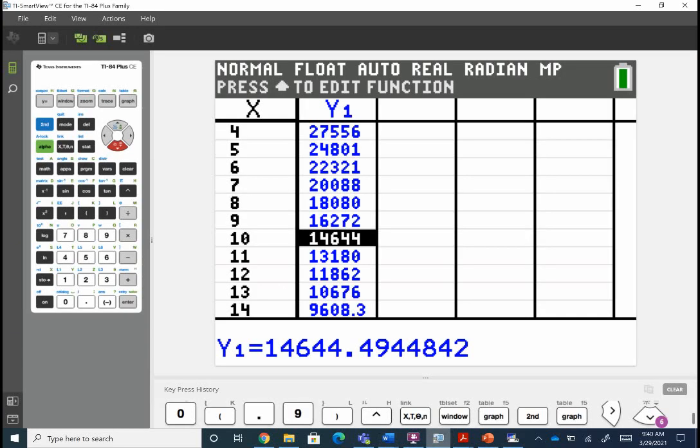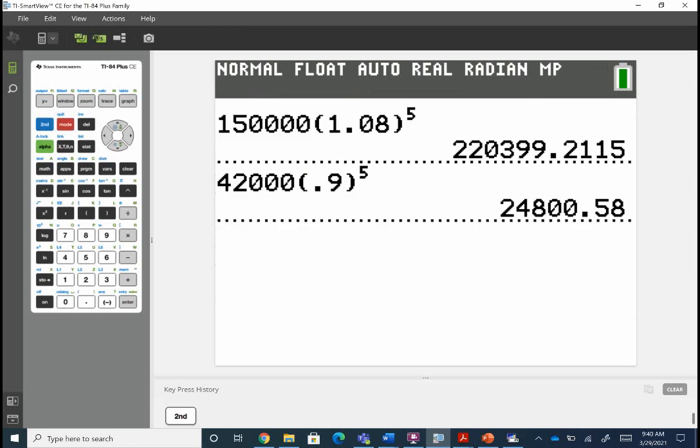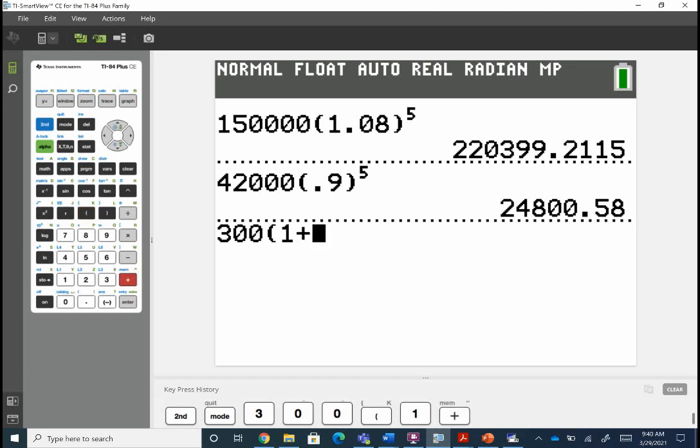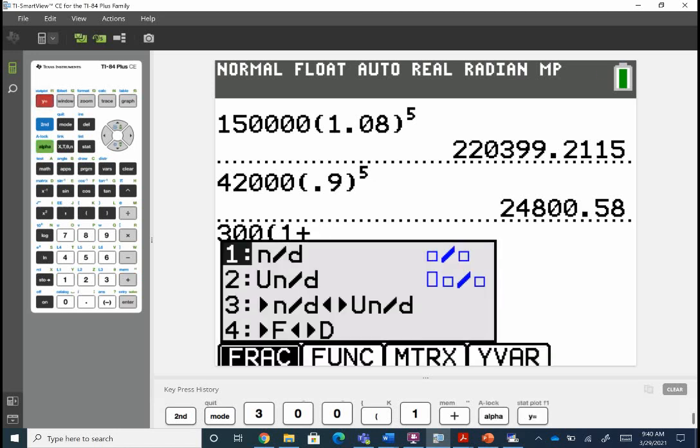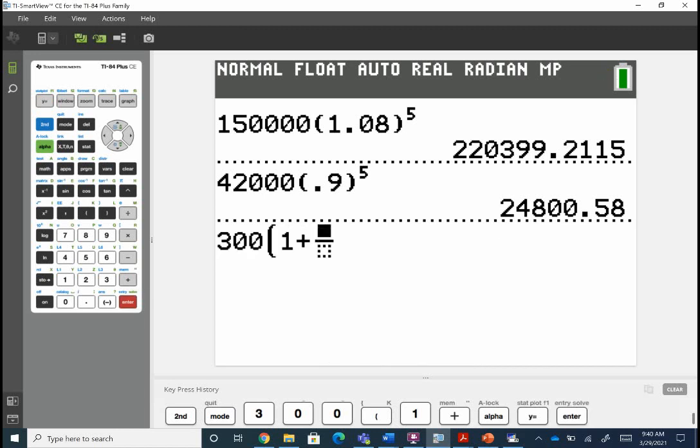I need to get back to my home screen off of my table, so I'm going to go second, and then the quit key right next to it. So second mode will get me back to my home screen. $300 initial deposit. 1 plus. Now to put the fraction in, if you have one of the newer 84 calculators, remember you can do alpha y equals, and you can get a fraction set up. But most of you have the 83s.